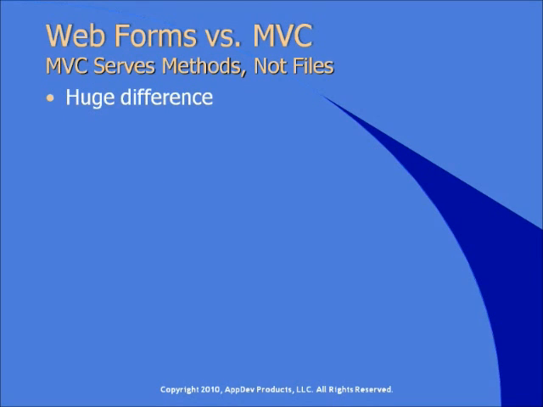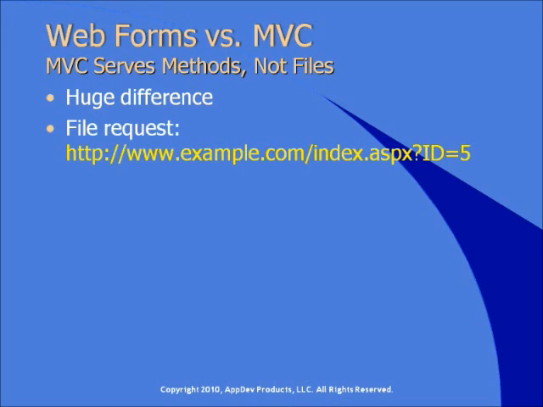Probably the biggest difference that you'll have to deal with if you're coming from web forms to MVC is the fact that MVC serves methods and not files. For most of the history of the web, server applications have responded to requests for files, and this is one example of a typical ASP.NET URL.